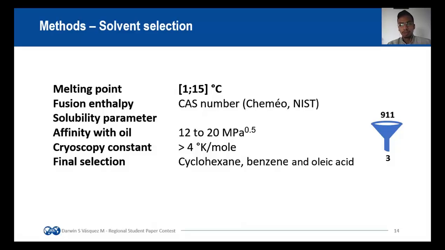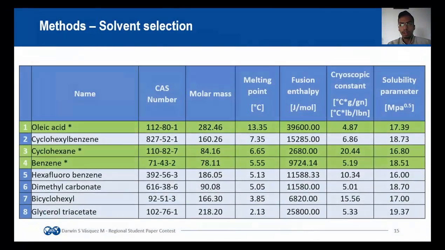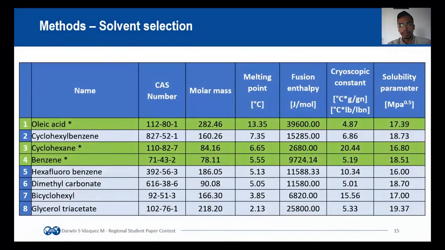Solvents with a cryoscopic constant greater than 4 Kelvin per molal were preselected. At this point, the list was reduced. Finally, cyclohexane, benzene, and oleic acid were chosen for the ease of obtaining them. This is the list of solvents that passed the filters, and those were chosen to develop the test.